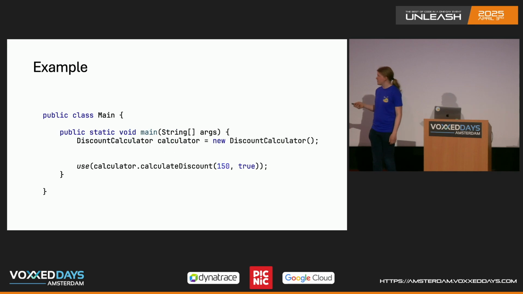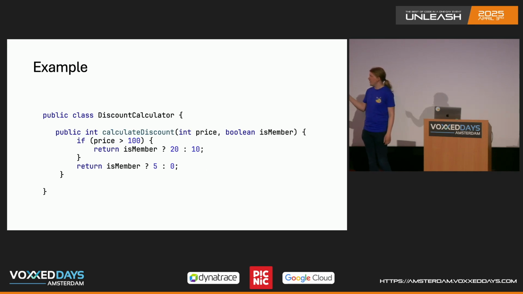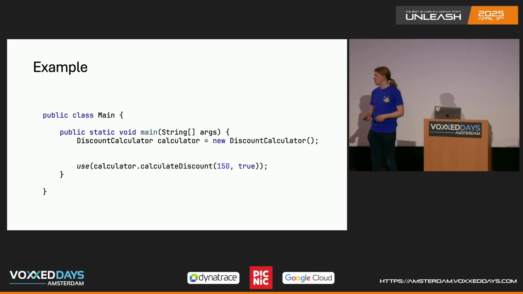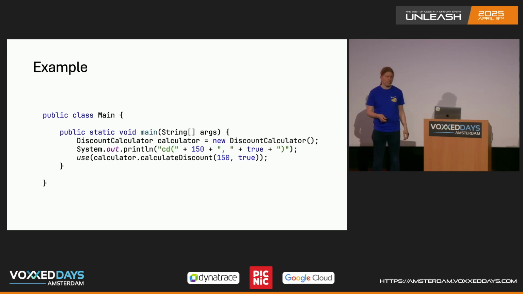For example, consider here we create a simple example application where we just use the result of calculate discount. But what we want to do is log this. So every time we use the calculator method to calculate the discount, we want to print which parameters are passed, for some logging purposes.